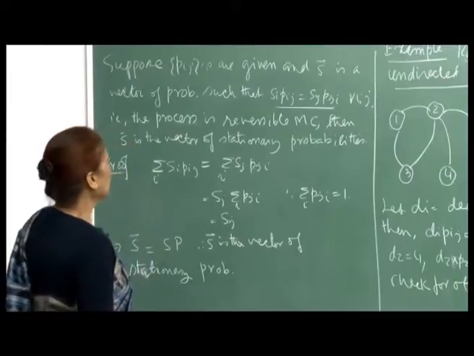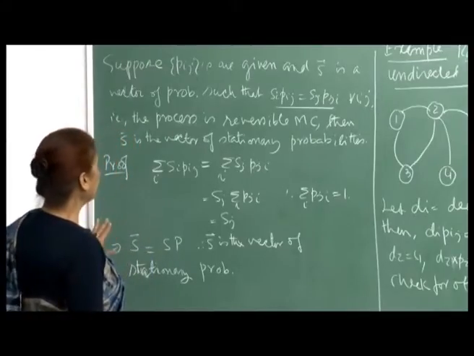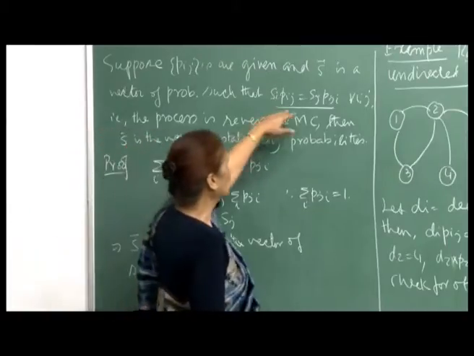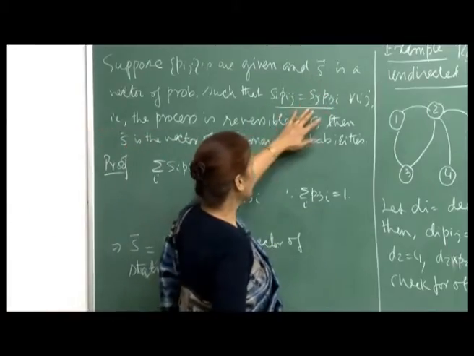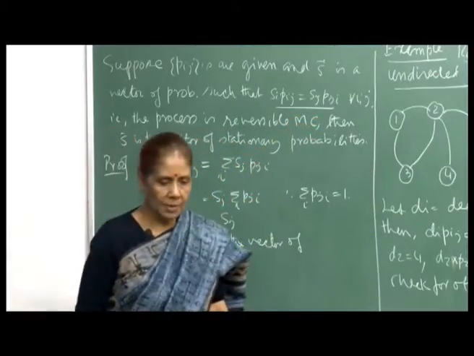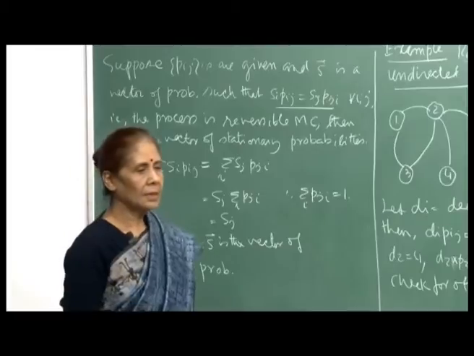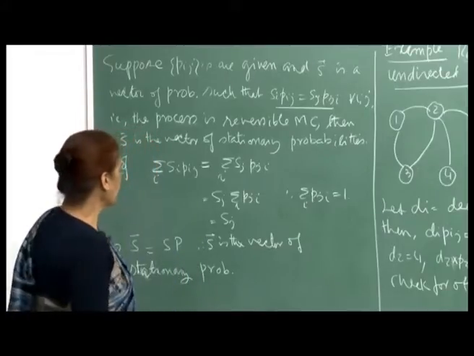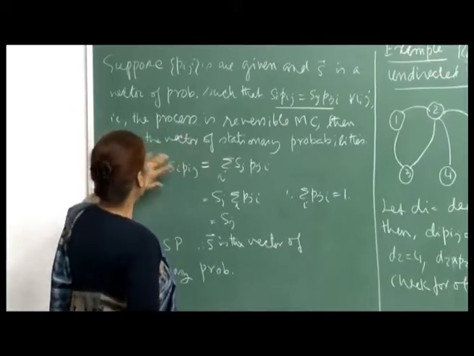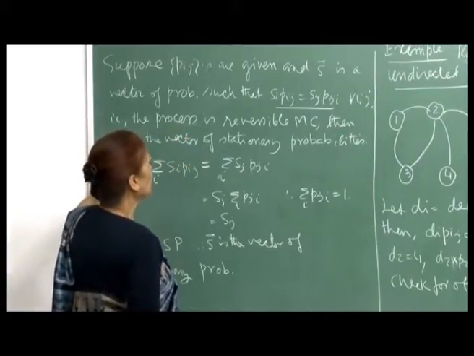What we are saying is that suppose you have a transition matrix and you have a vector of probabilities such that the time reversibility condition is satisfied. That means the Markov process we are given is a time reversible Markov process. Then S is the vector of stationary probabilities.